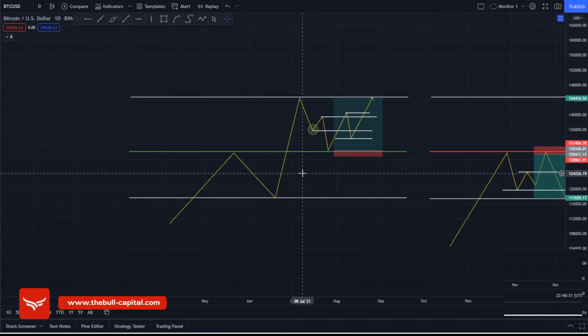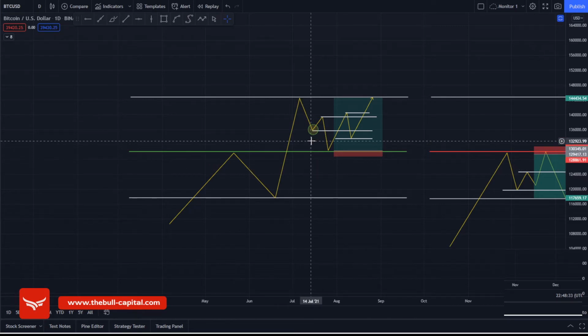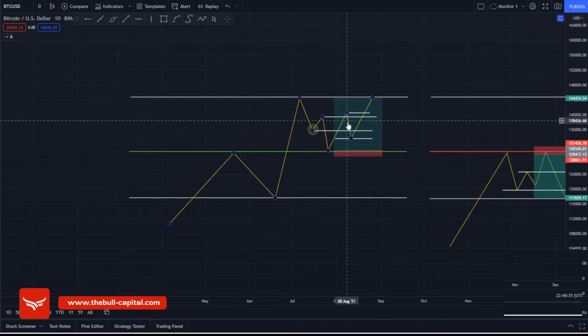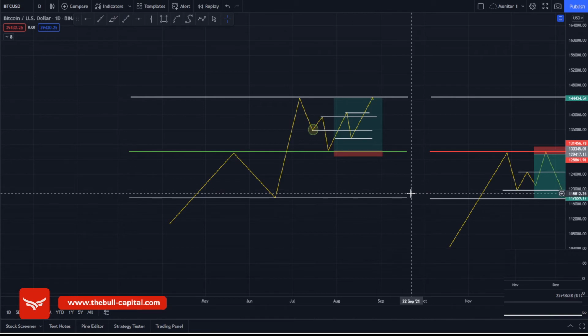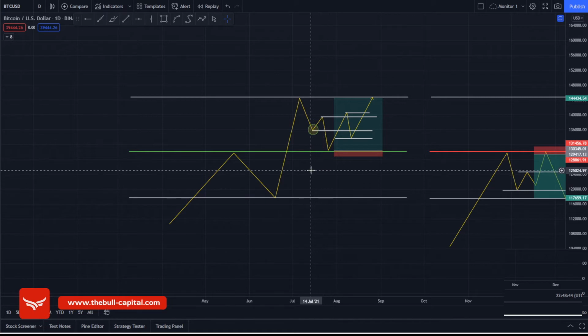And every swing creates a new level. The more swings there are in a channel, the more levels there are going to be, and the price starts to move slower.